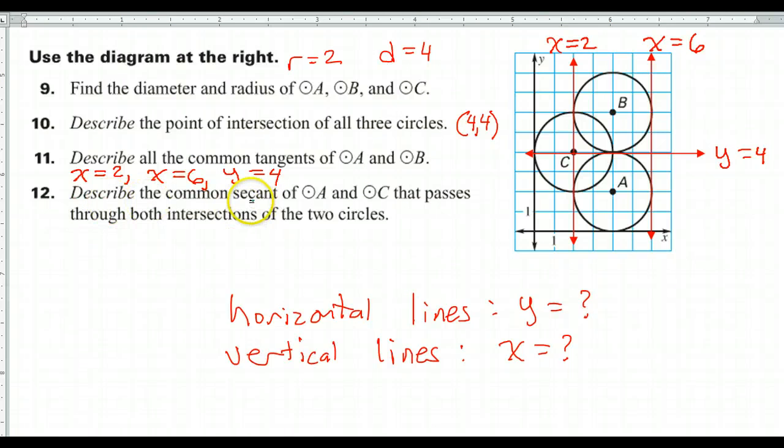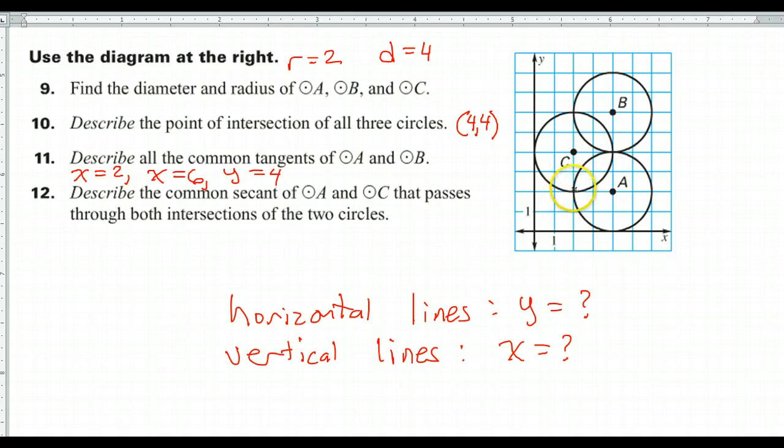Now, describe the common secant of A and C that passes through both intersections of these 2 circles. Okay, so we're looking at circle A and circle C now. So sort of ignore circle B. Can you see a point where circle A and circle C intersect?